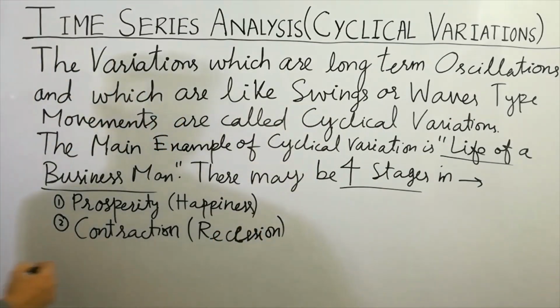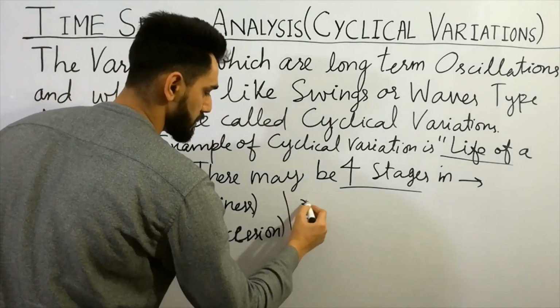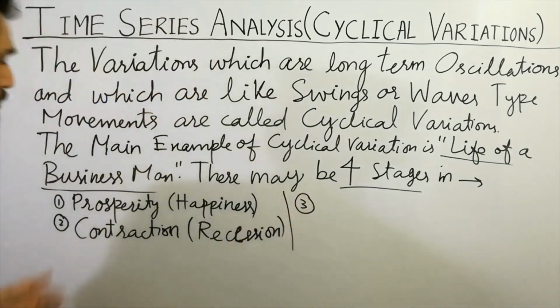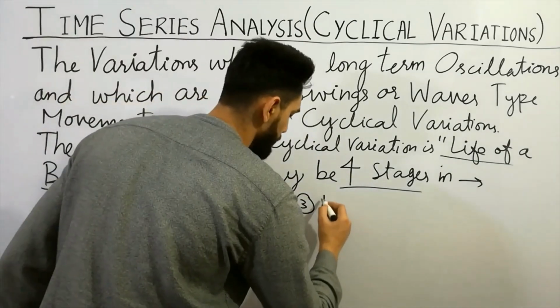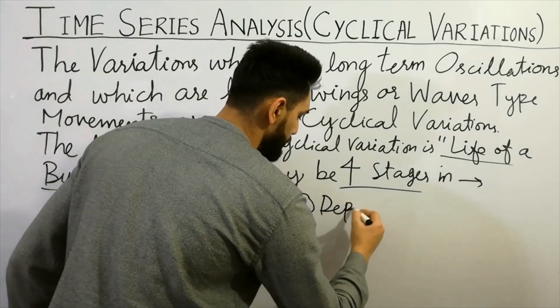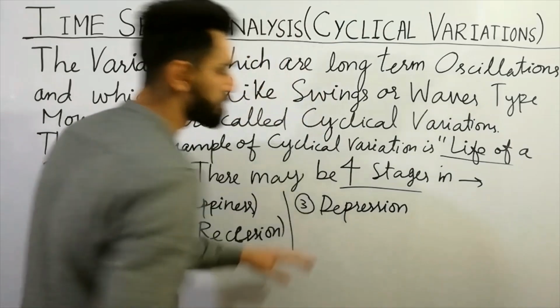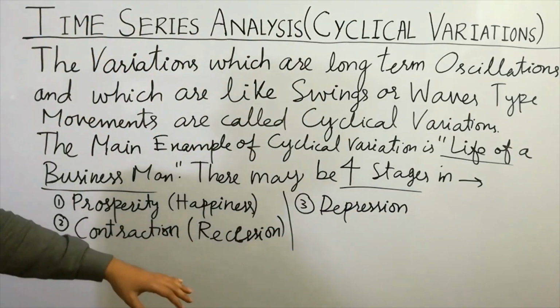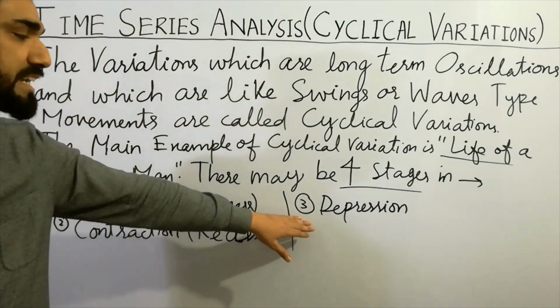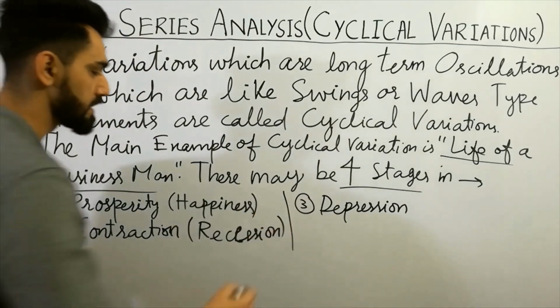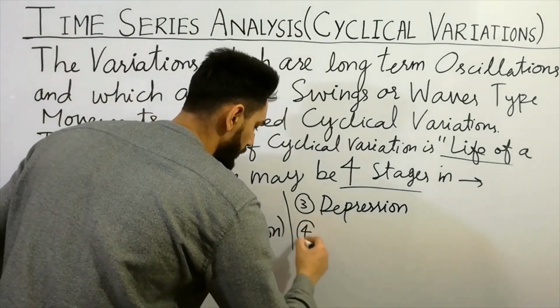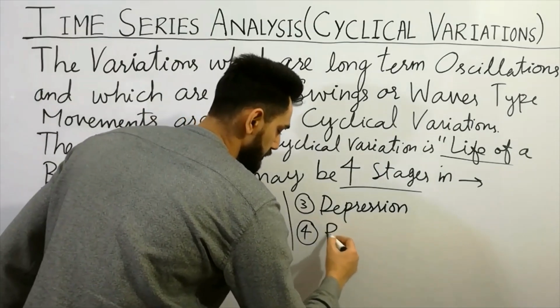Now the 3rd point is depression. Sometimes a businessman gets low money, so he faces depression. The last point, number 4, is recovery.